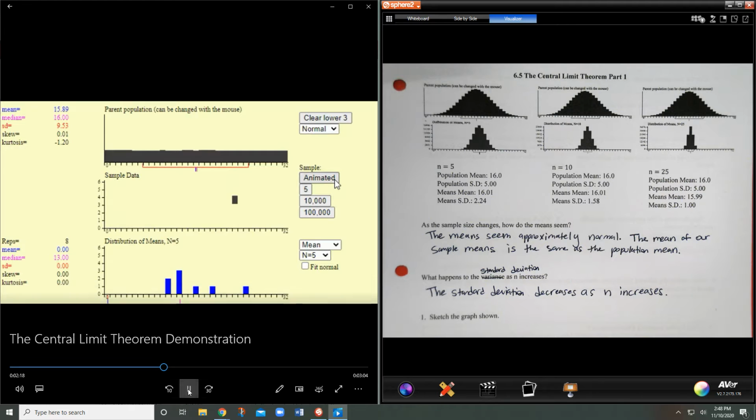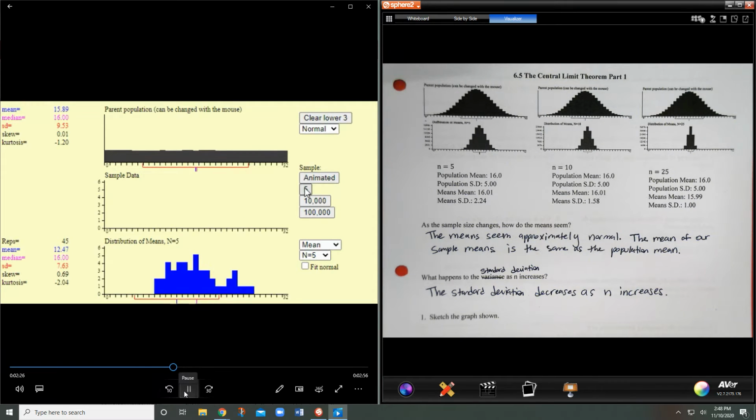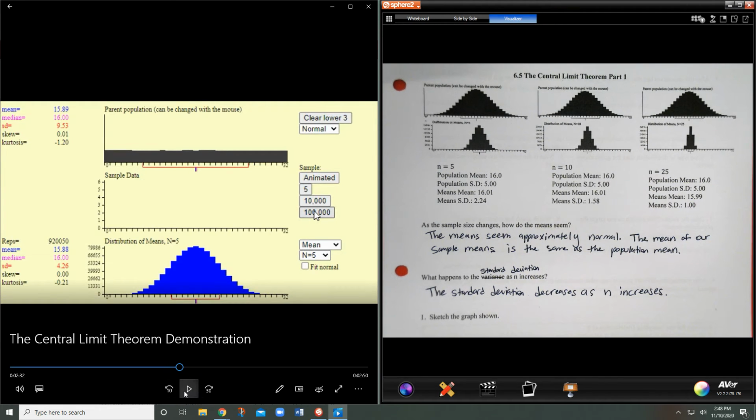And that is because the probability of having everyone be in the low end or everyone be in the high end is very small.